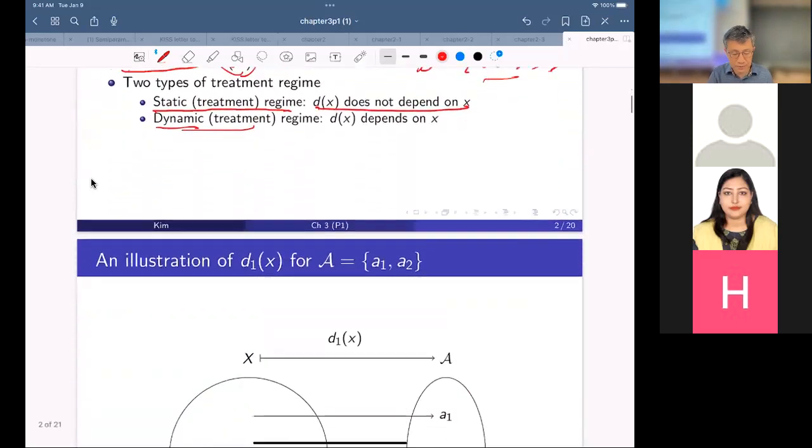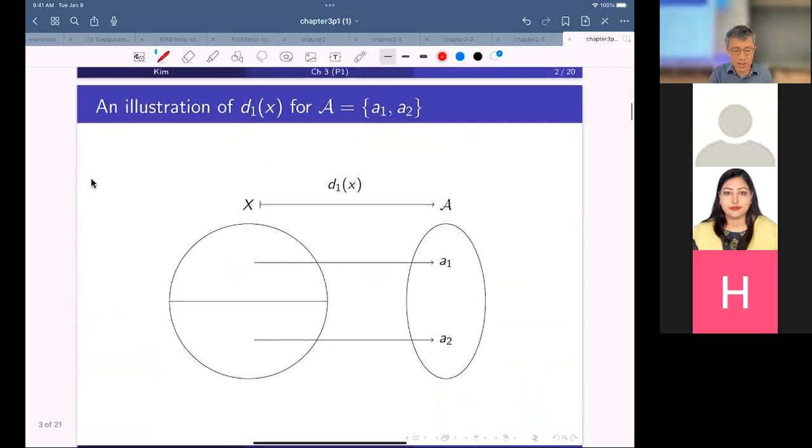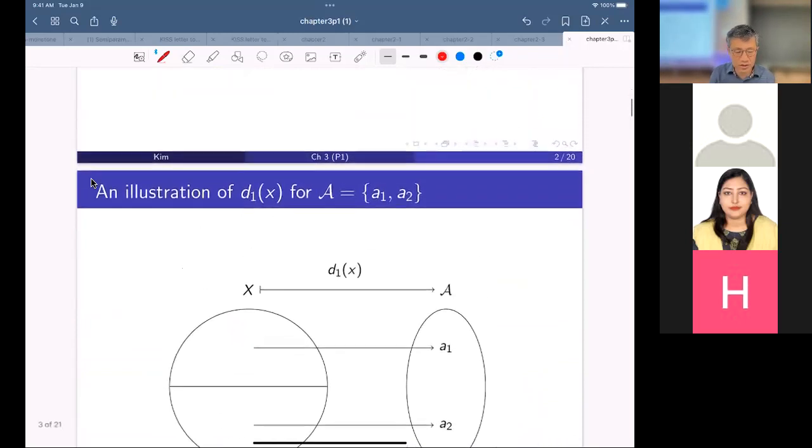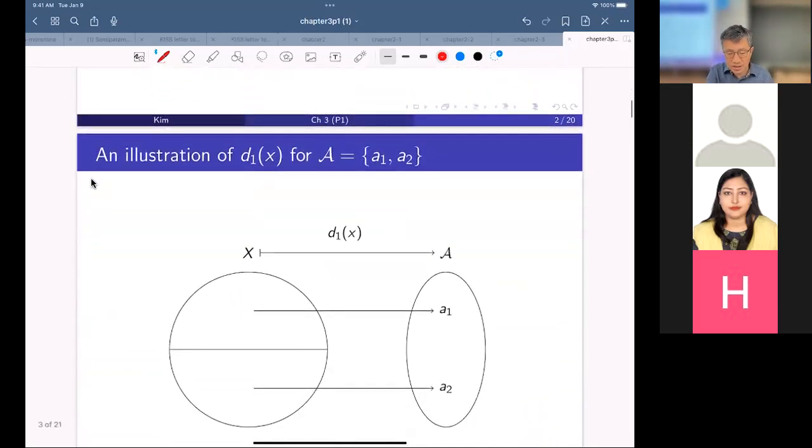So here's a graphical illustration of the treatment regime. Suppose you have only two choices, two options. Then you have an X space.